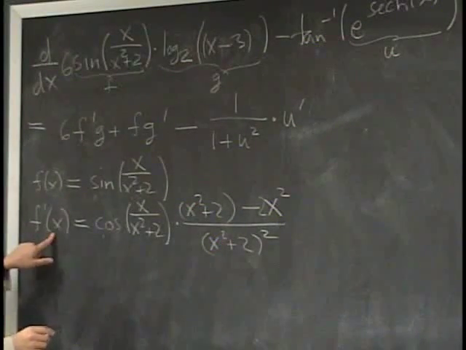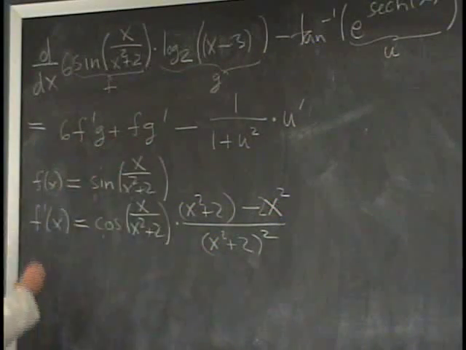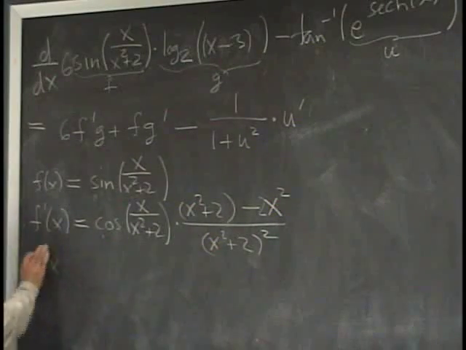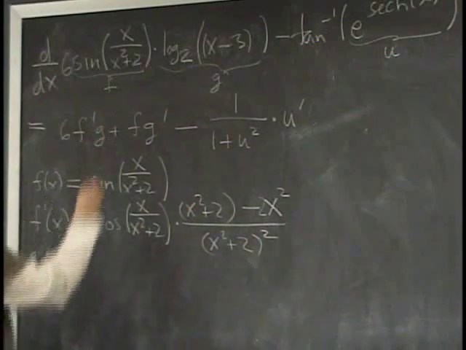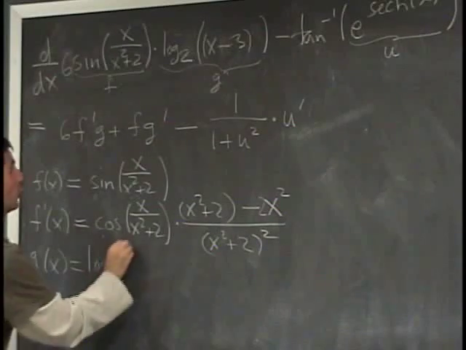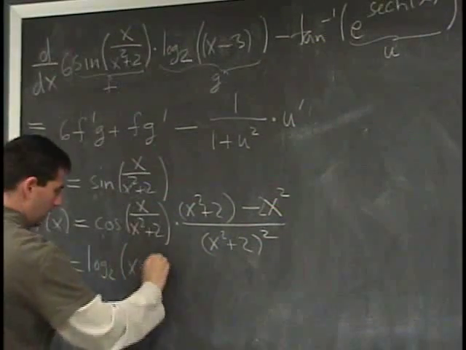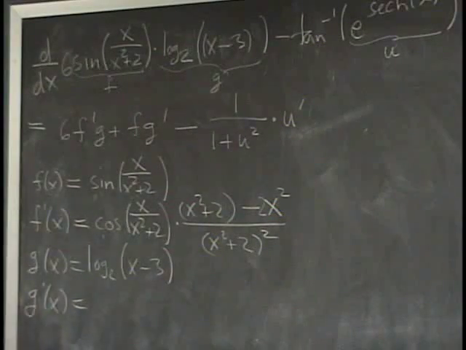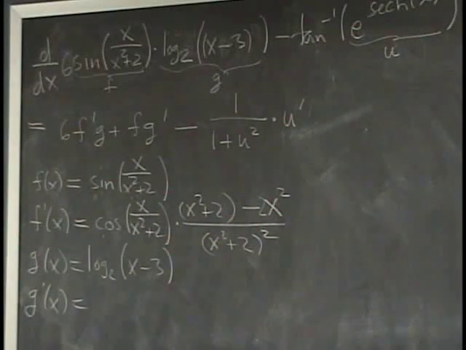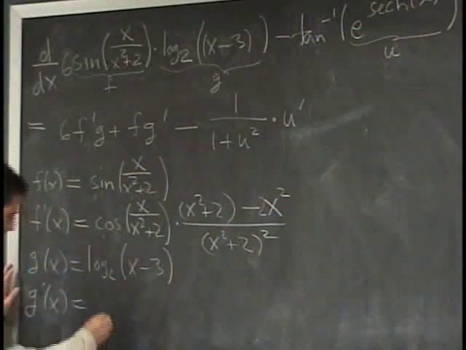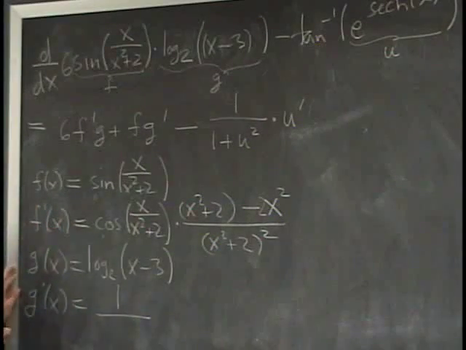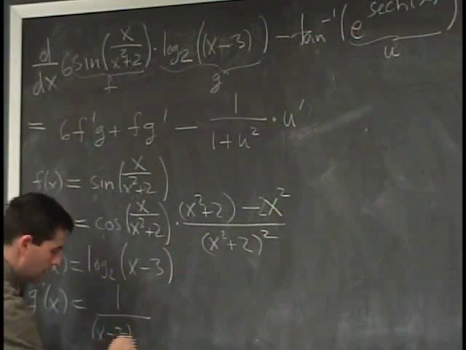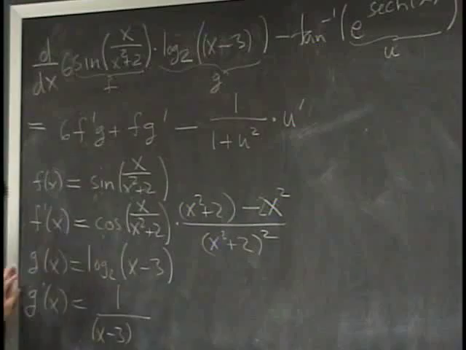Okay, so we figured out what f prime is. Now we need g prime. Well, g is log base 2 of x minus 3. So what's g prime? 1 over x minus 3 times the natural log of 2, right?